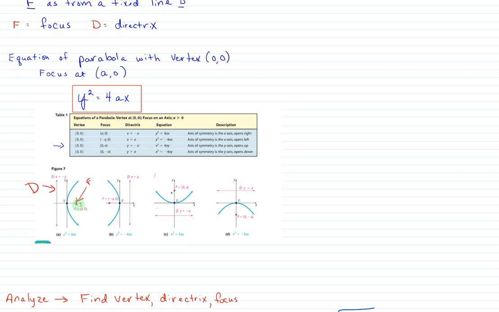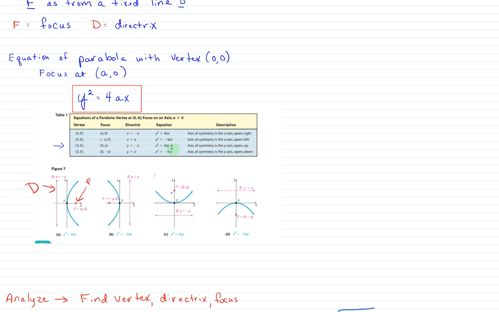The distance from here to the vertex is the same as from the vertex to the directrix. And this would be negative a because you're going the opposite direction. In this one, y squared equals negative 4ax, it opens left. So you've got a focus at negative a, 0 and the directrix at x equals a. So those have just flip-flopped.